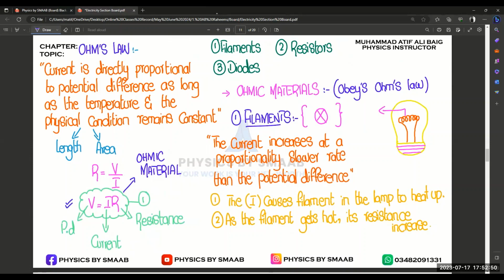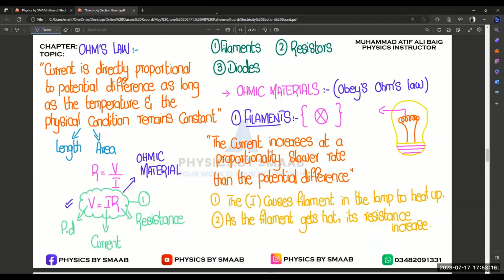If temperature increases, resistance will increase, and if resistance increases, voltage will increase, right? But current will not increase at the same rate. It will increase, but at a very slow rate compared to the voltage. That's why we do not apply Ohm's law on the filament, because voltage is not directly proportional to electric current.